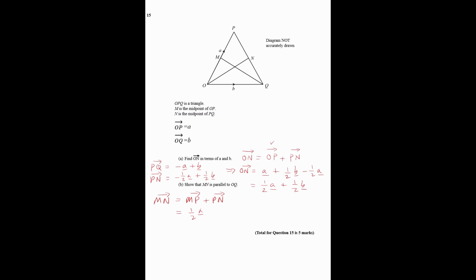Now PN is a half B minus a half A. A half A minus a half A is 0, and so it just leaves us with a half B. Now MN is just equal to half B. Now OQ is 2 times MN.